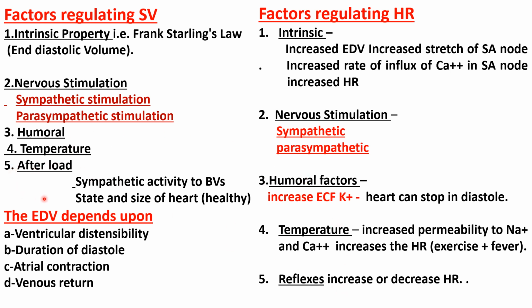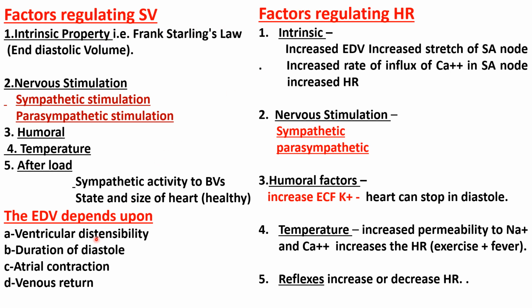Only afterload is the factor in case of stroke volume, and reflexes are the factor in case of heart rate. And you see that in the case of the heart rate and in case of the stroke volume, end diastolic volume is an important factor, the intrinsic property.